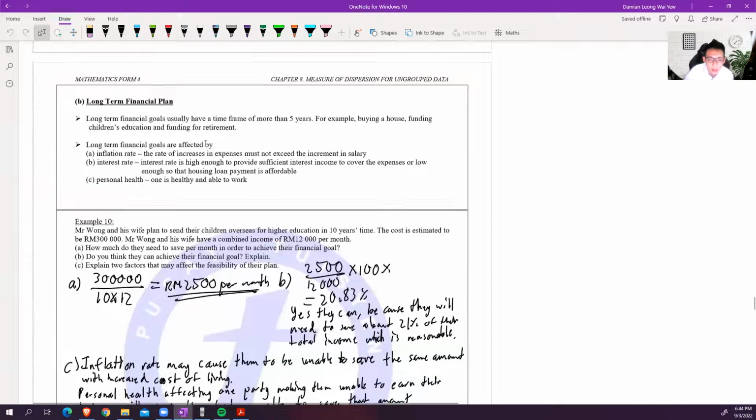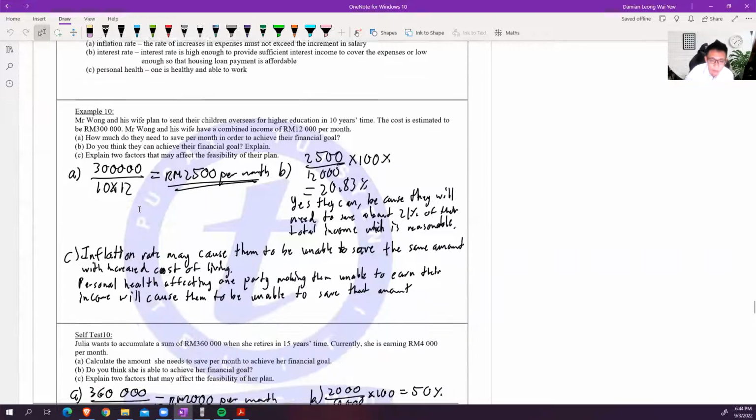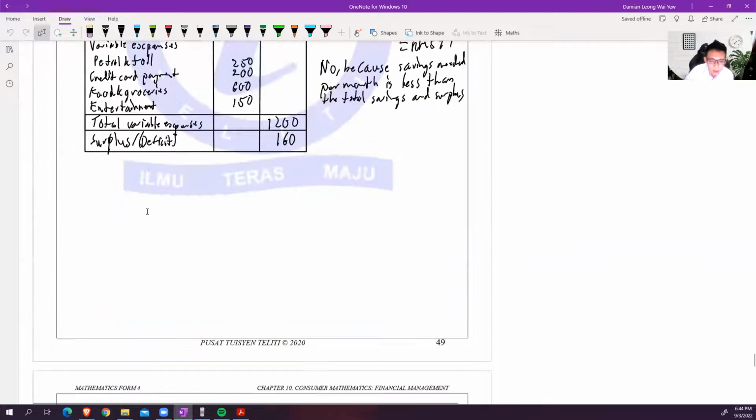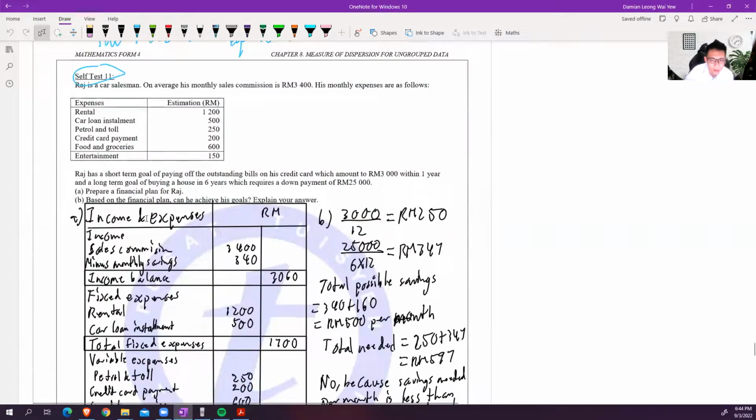So what affects the financial goal is just these three. It's always these three: inflation, interest rate, and personal health. So that you might want to remember. And that's basically about it.